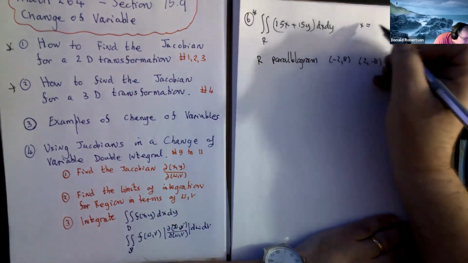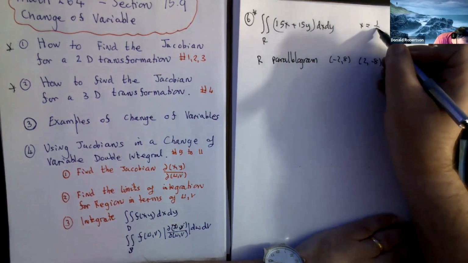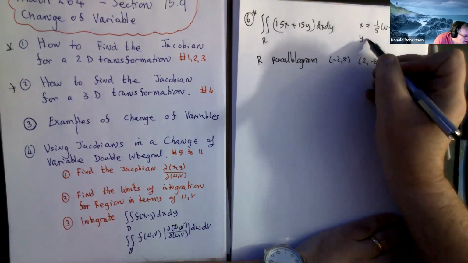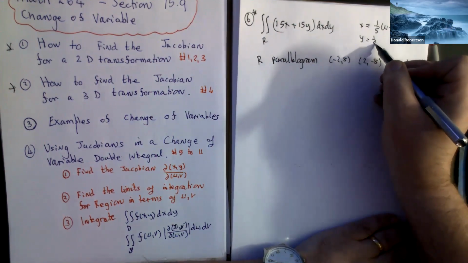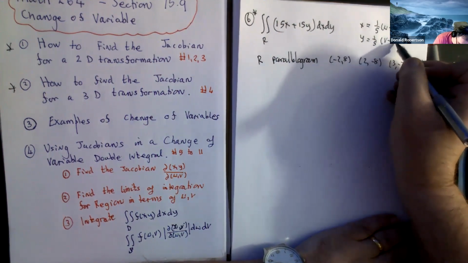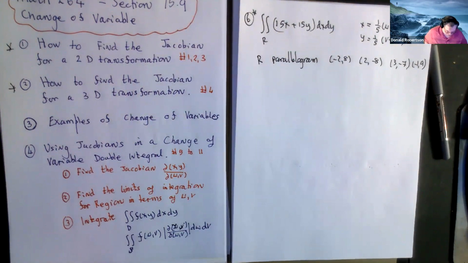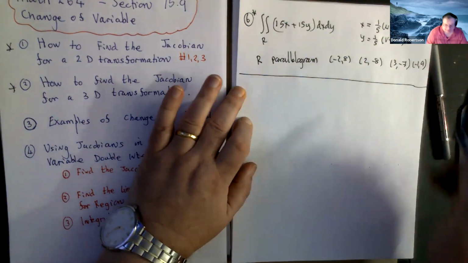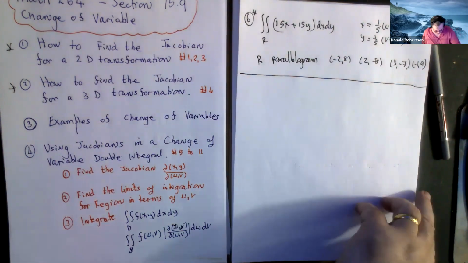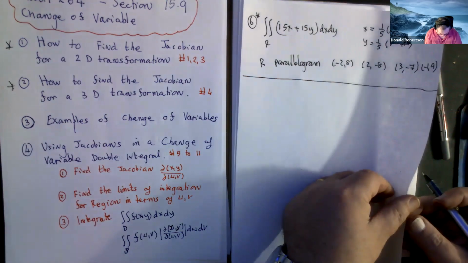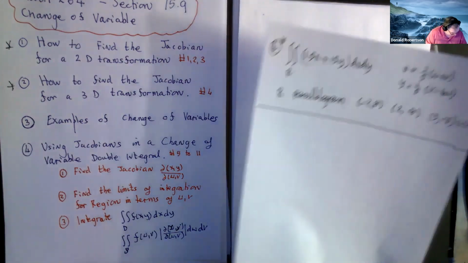And x is going to be 1/5 u plus v, and y is going to be 1/5 v minus 4u. Okay, that's all the information. Okay, let's start tackling each of the steps.